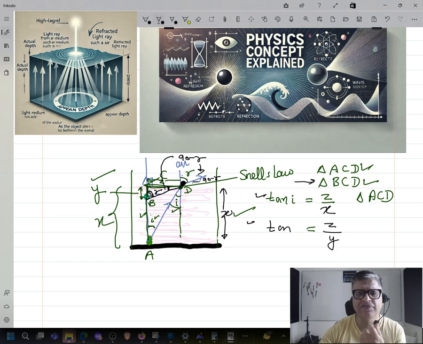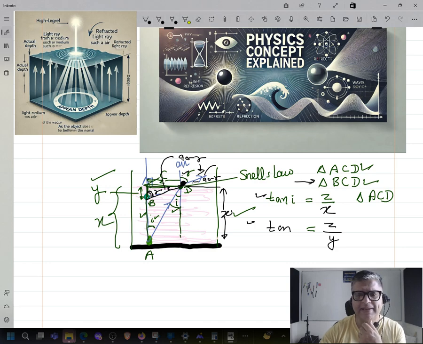So first we focused on R, and then we looked at the normal, and this was a refracted ray. The refracted ray makes an angle of 90 minus R with the horizontal. Where is the horizontal? We are talking about this horizontal. Don't worry about that Snell's law.